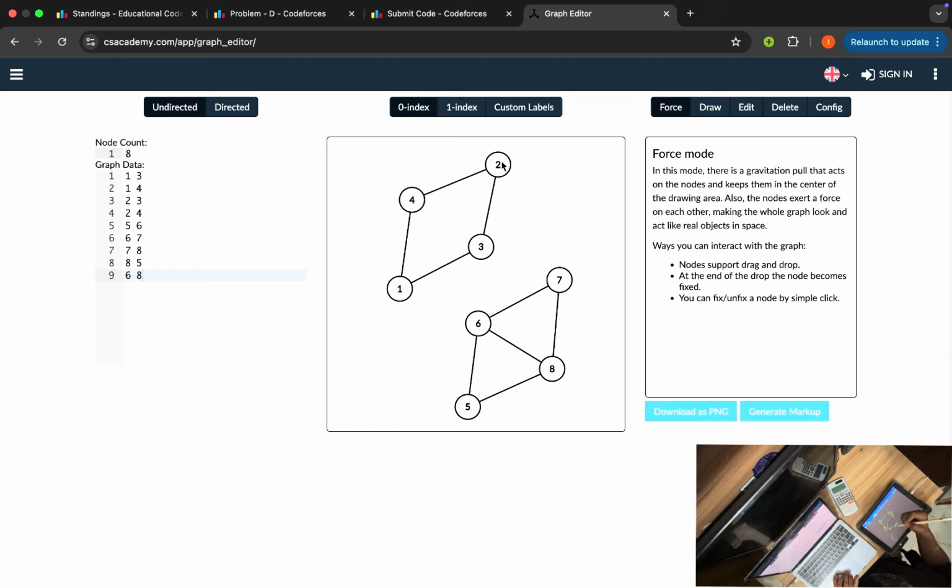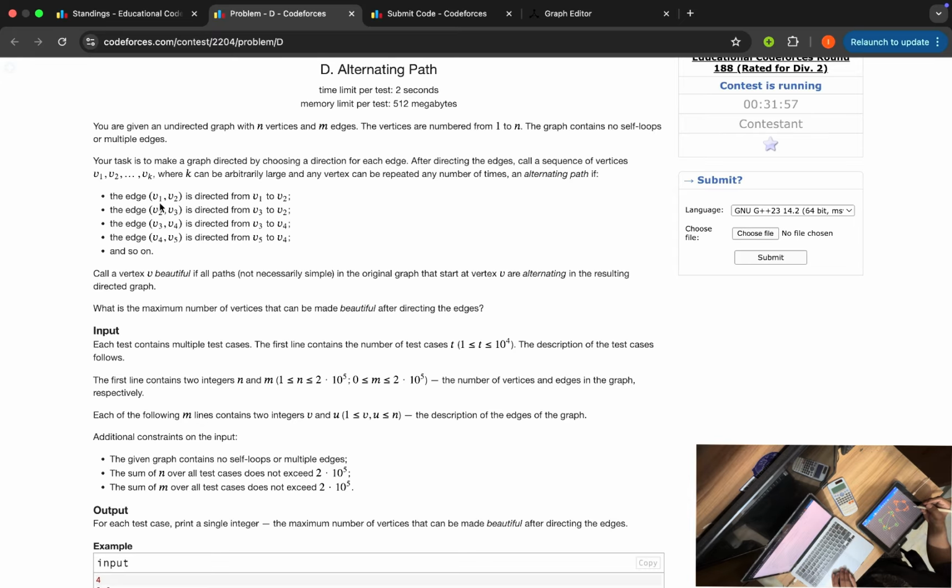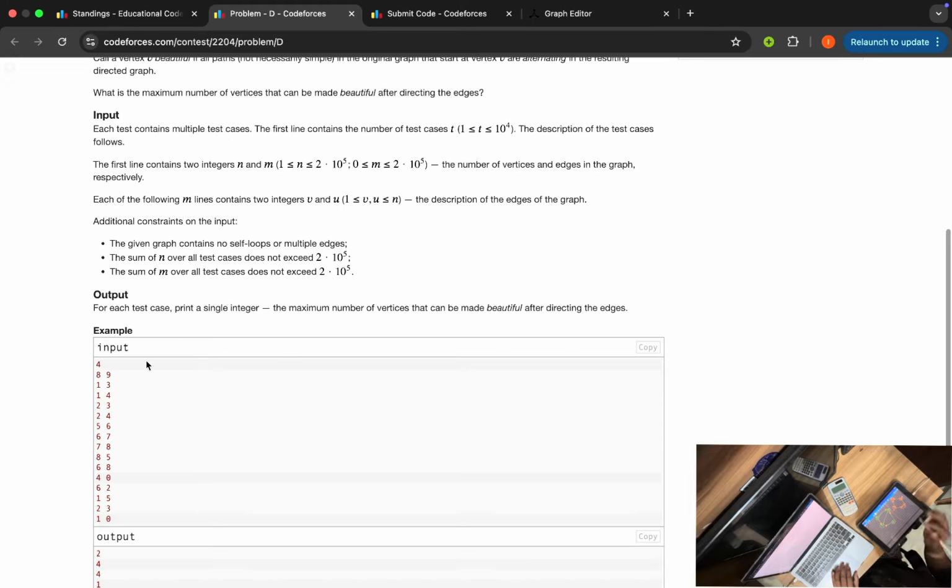It asked for all. It doesn't give me the answer actually. 2, 4, 3, 1. It does satisfy. How many this kind of vertex are there? 1, 2, so this is 2. Got it.